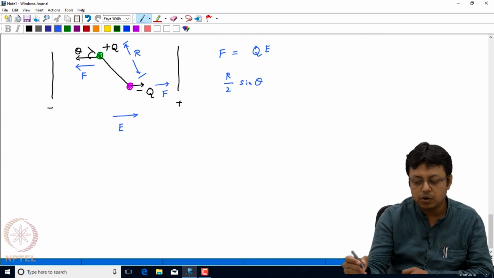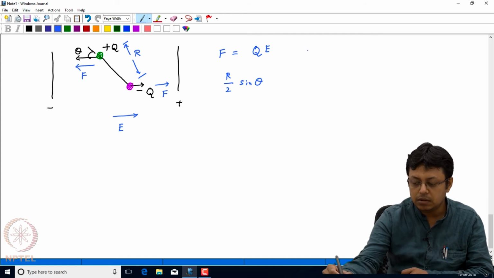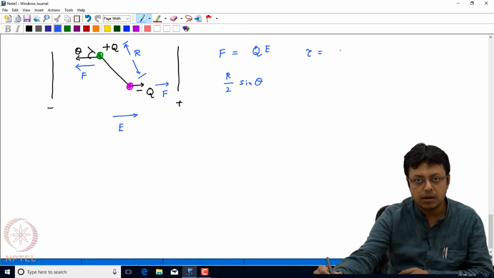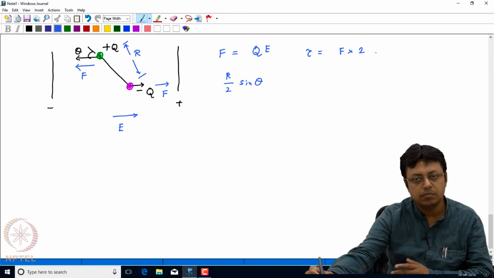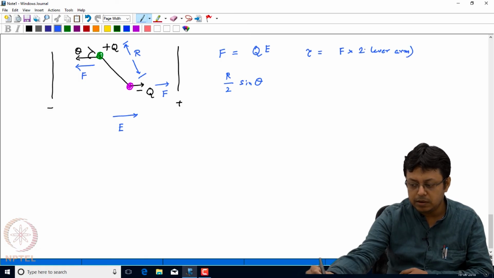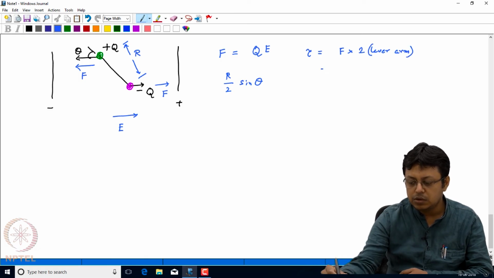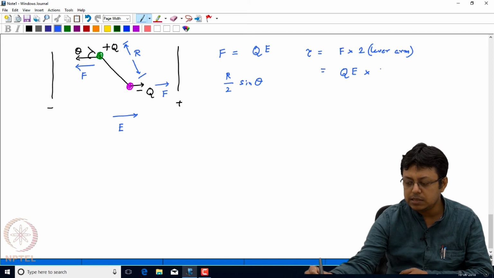The overall torque acting on the dipole is the addition of these two forces, so it is force times 2 times the length of the lever arm. The force is q into E, and 2 times the lever arm is r sin theta.